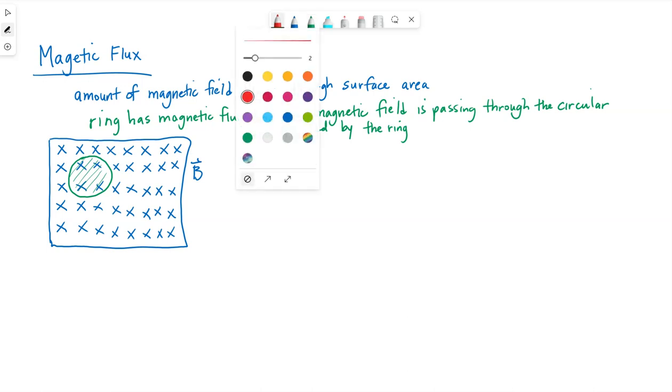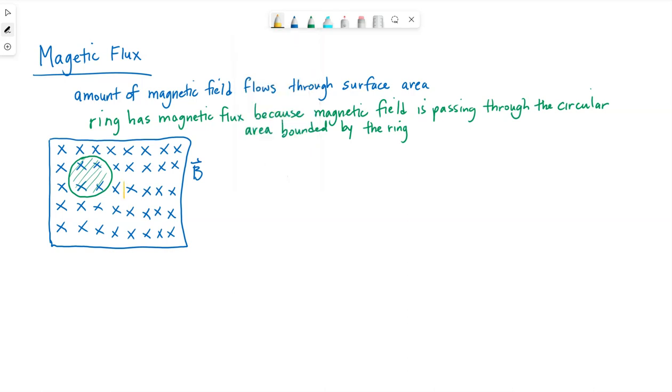I would have flux through another shape as well. I could take a square or rectangle here. This rectangle has flux as well, and that's because there are magnetic field lines passing through it. Now, this larger area of my rectangle allows more magnetic field lines to pass through.